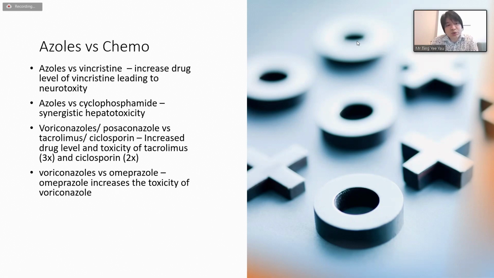There's also an interaction of azoles with cyclophosphamide: they have synergistic hepatotoxicity. Voriconazole and posaconazole can increase the drug levels of tacrolimus and cyclosporin by 3 times and double respectively. And omeprazole can increase the toxicity of voriconazole, therefore therapeutic drug monitoring might be required.